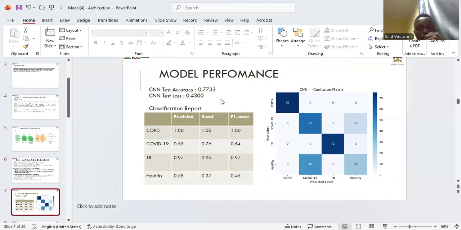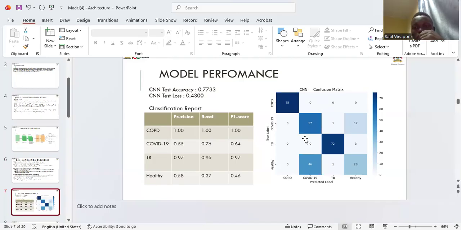Here we see that the CNN model gives us a test accuracy of 77% and a loss of 0.43. In the classification report, you see that CNN is doing well for COPD and TB, but it is suffering with COVID-19 and the healthy class.